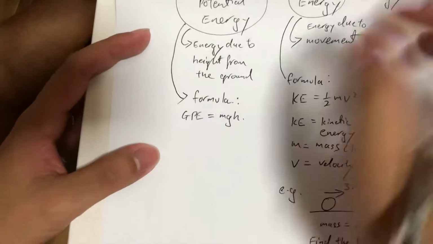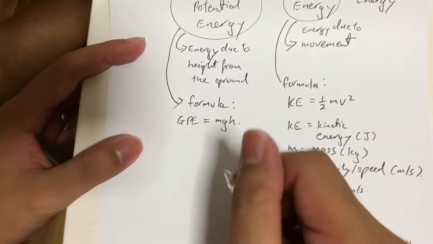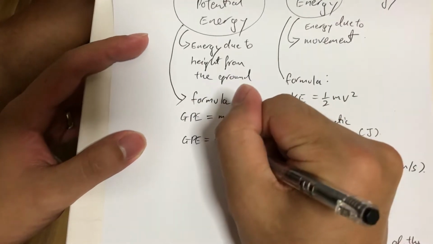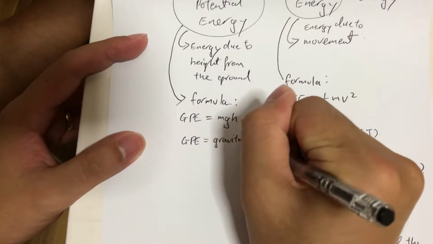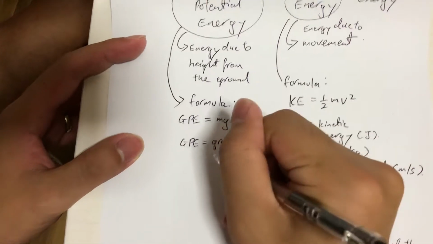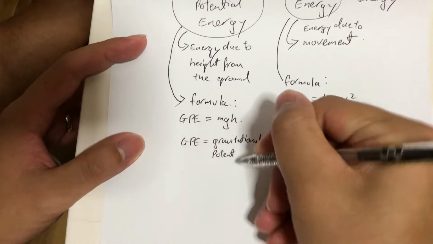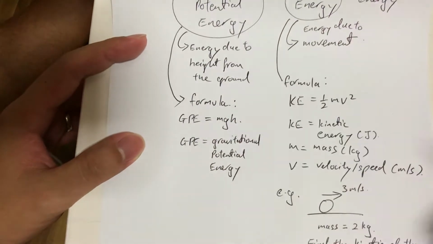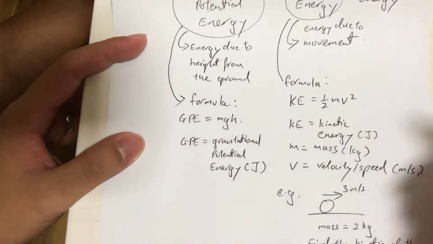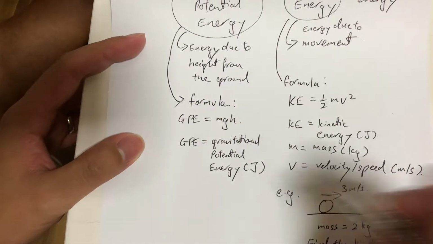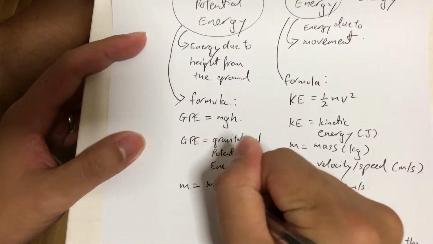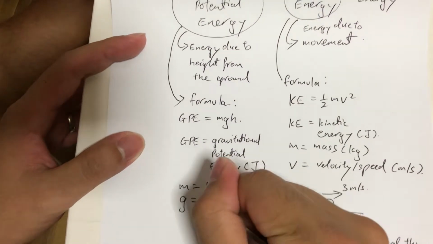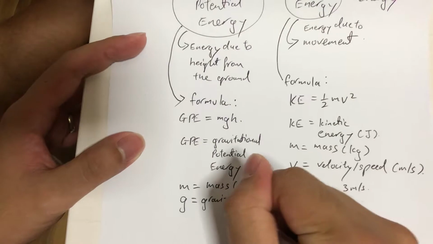If you look at mgh very carefully, GPE here represents the gravitational potential energy, and it is also given by the SI unit of joules. m is the mass of the object again. g is our gravitational field strength.